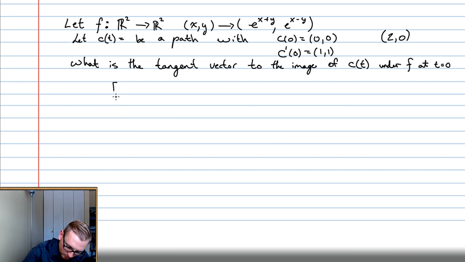I'm going to do this matrix here. And I'm going to take the derivative with respect to x of the first one. What is it? D by dx.